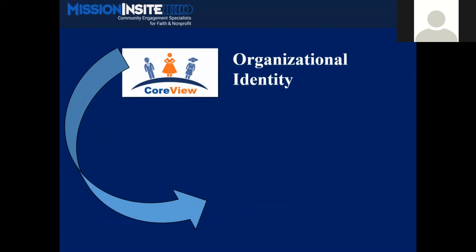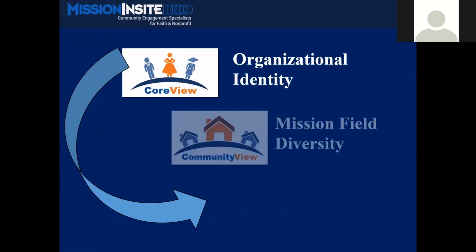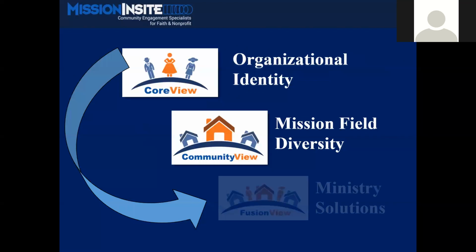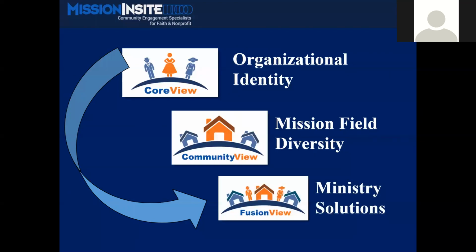Who are you in relationship to the area that you serve? And then Community View, which of course is what it sounds. What does the area look like where your parish church is located and the area that you serve in mission and ministry?